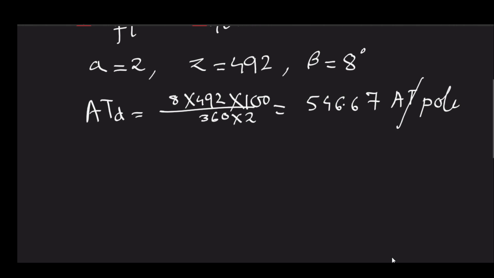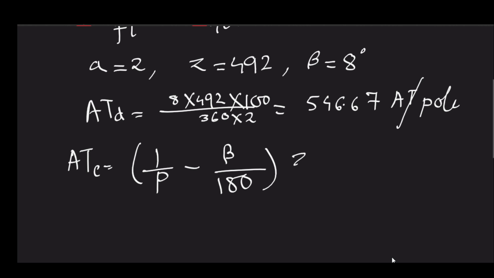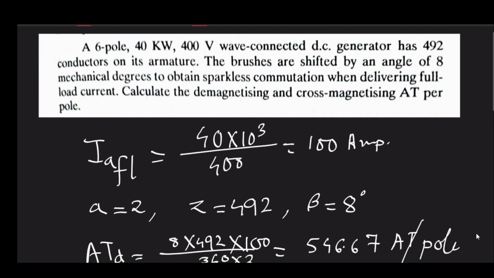Now how much will the cross magnetizing be? Cross magnetizing ATC is equal to 1 upon P minus beta by 180 into ZIA by 2A. So what is the total number of poles? 6 poles.